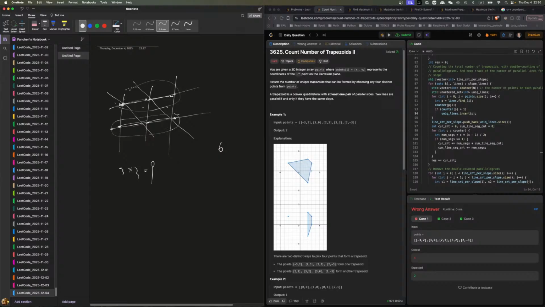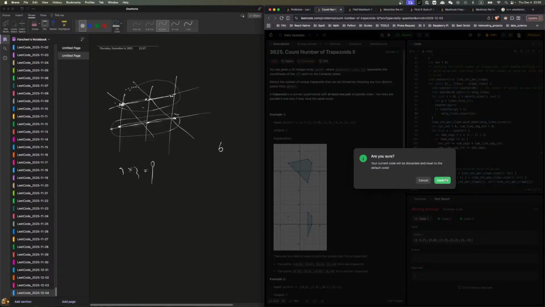Oh, this is more complex than I had expected. I think I'm not using the right approach. Anyway, let's revert to the previous one.